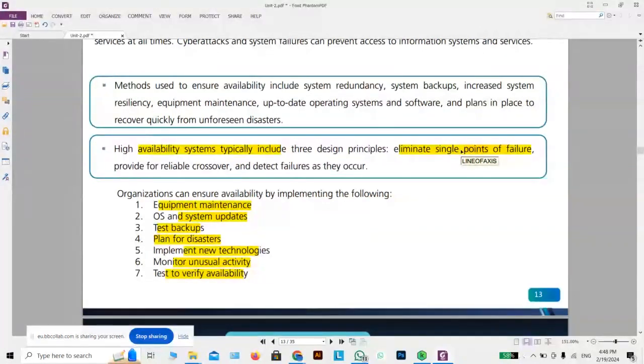So whenever you design a system, configure a system, or implement a security system, you should not have a flaw, a potential risk that might disturb the whole system.